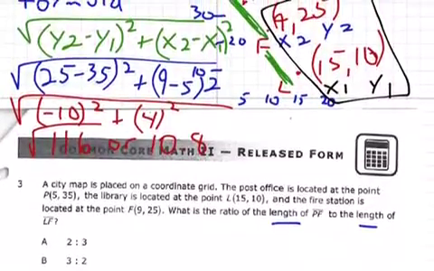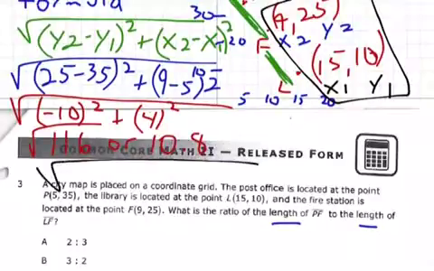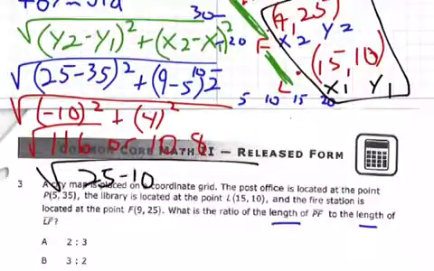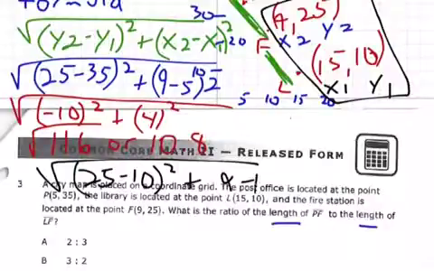So again, it's going to be the square root of y2 minus y1, here would be 25 minus 10. I'm going to square that, and then plus my x2 minus x1. I use 9 for x2, 15 for x1, so it's 9 minus 15.